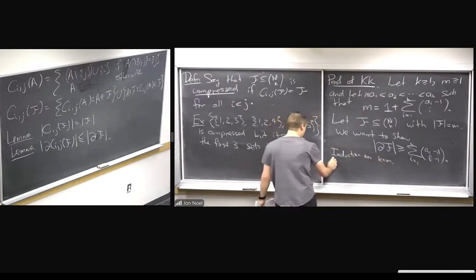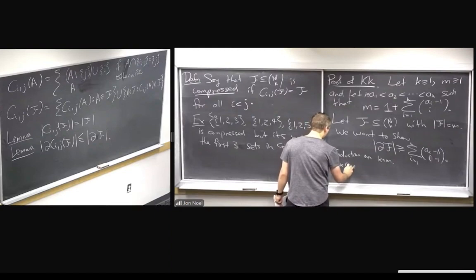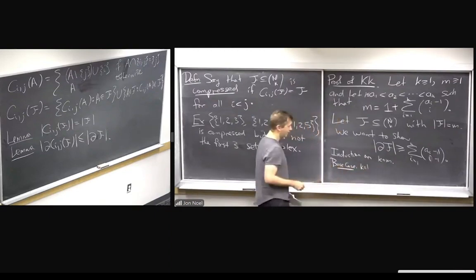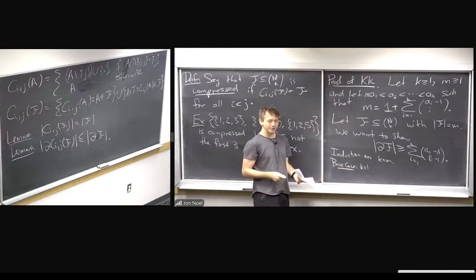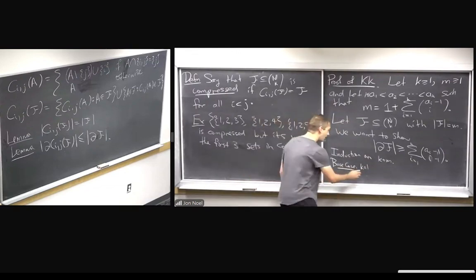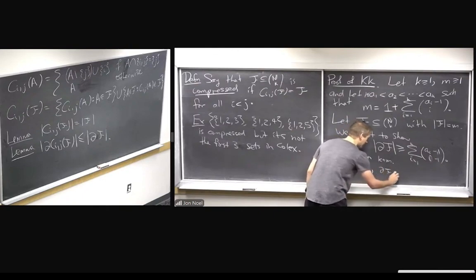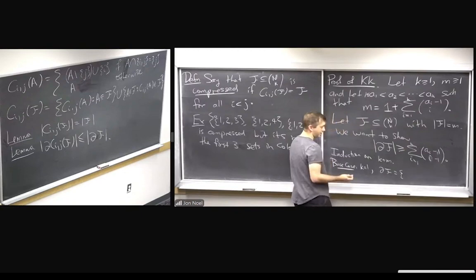And for the base case, I'm just going to consider it when K is 1 and M is anything. Because when K is 1, the shadow is super simple. The shadow of any collection of sets of size 1 is just the set containing the empty set, right?